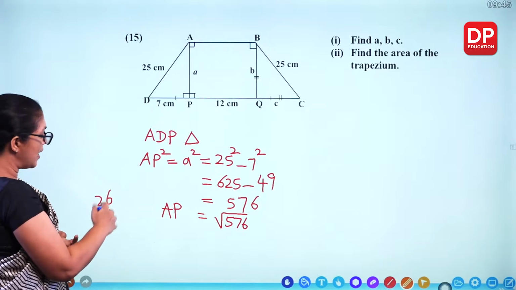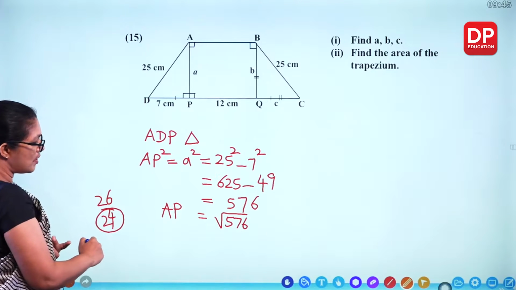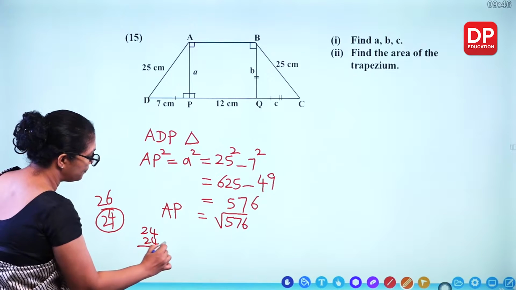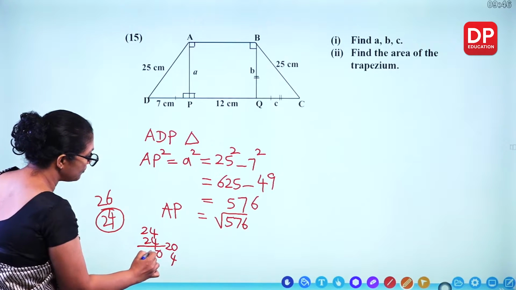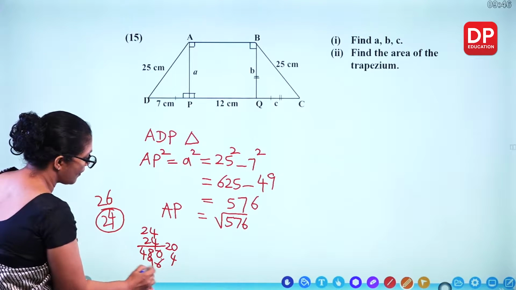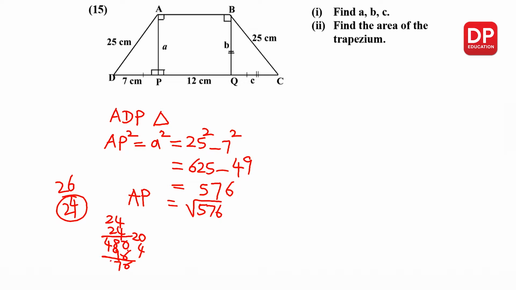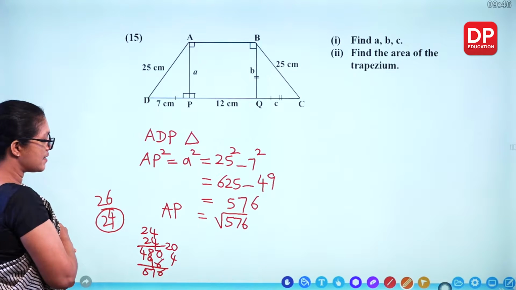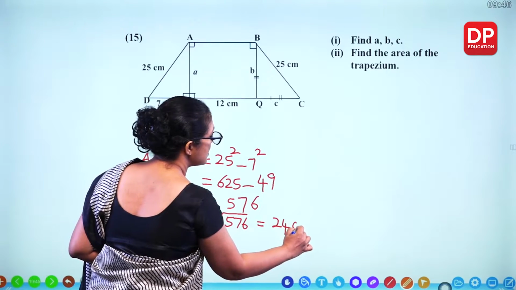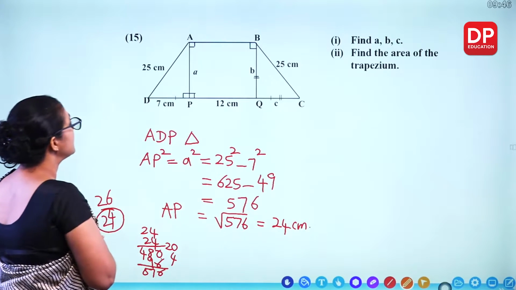So it should be less than 25. So this should be 24. So we'll multiply and see. 24 times 24 is 576. So that's 24 centimeters. That's AP.